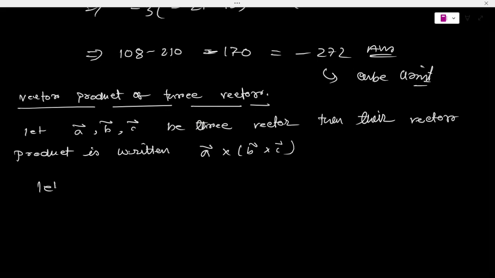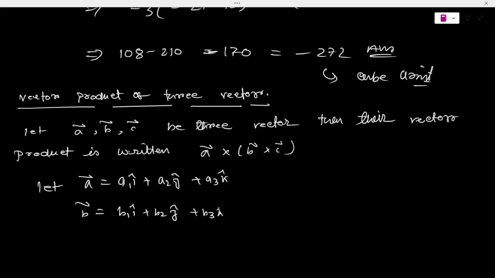Let a vector equal a1 i cap plus a2 j cap plus a3 k cap. Similarly, b vector equals b1 i cap plus b2 j cap plus b3 k cap, and c vector equals c1 i cap plus c2 j cap plus c3 k cap. Clear?